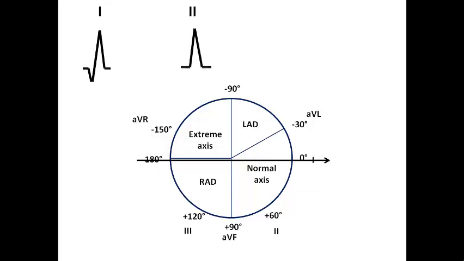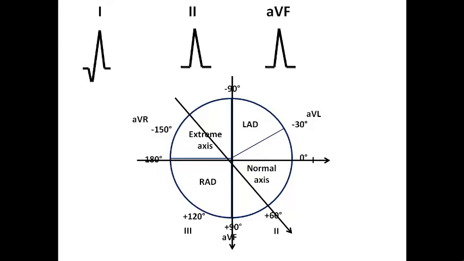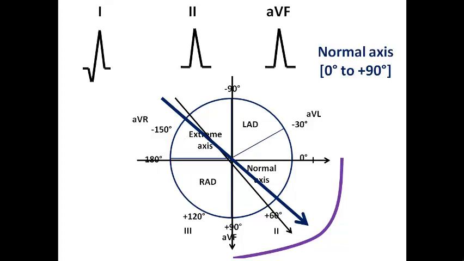Lead 2 is predominantly positive, so the axis is directed towards its positive pole at plus 60 degrees. And aVF also is positive, so the axis is directed toward plus 90 degrees. So from the direction of these 3 leads, we could expect that the axis of the heart is between 0 degrees to plus 90 degrees, so this patient has normal axis from 0 to 90 degrees.